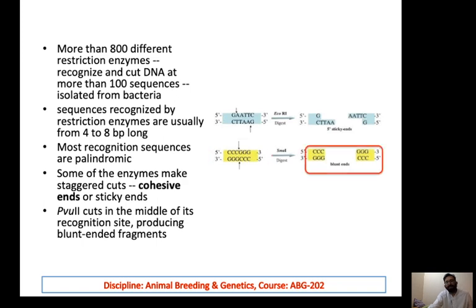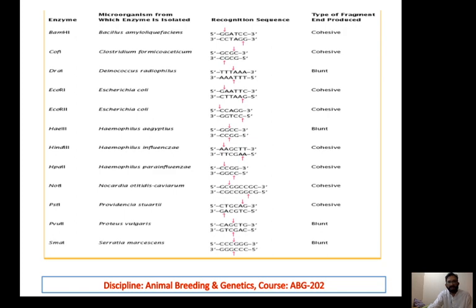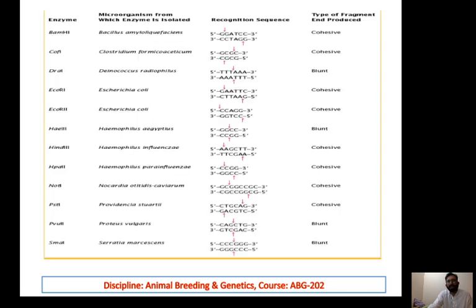An example of a blunt end enzyme is SmaI. Okay, here is a list of the enzymes on this side, and you can see the results whether it is going to produce cohesive or blunt ends. There are 800 or more than 800 enzymes, as I previously told you.